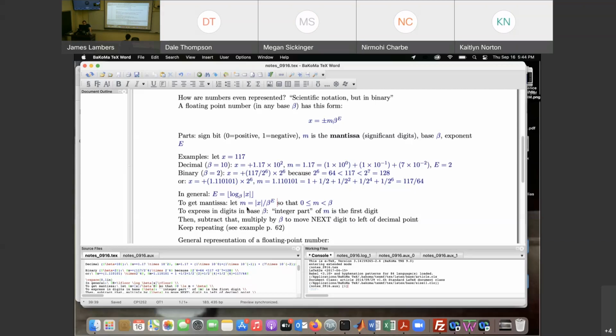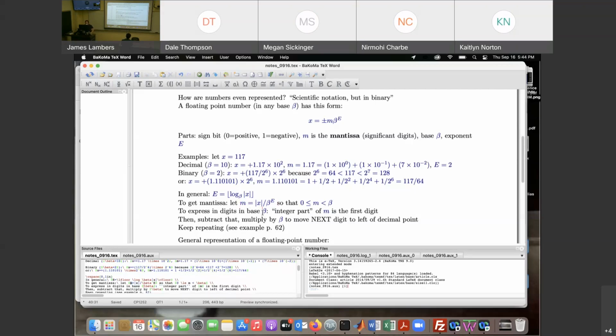So then, how do you express the mantissa in whatever base you want? You can have at most one digit to the left of the point. You think of the integer part, so that would give you a first digit in your base. And it's already the correct base because the mantissa is already known to be less than the base.